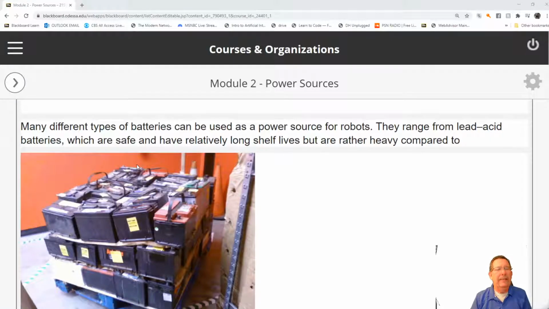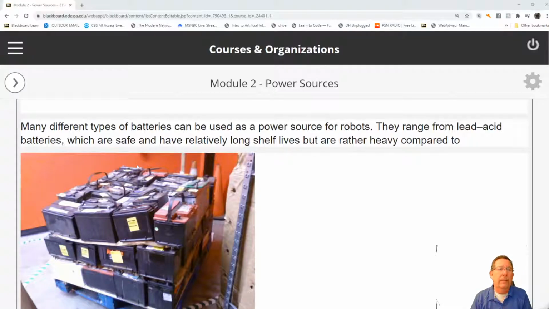And when I say safe, I mean whenever you have lead and whenever you have acid, obviously that can be caustic, right? Acid burns and lead is poisonous. So what is safe? But they're very stable. We've used lead acid batteries for a long time.